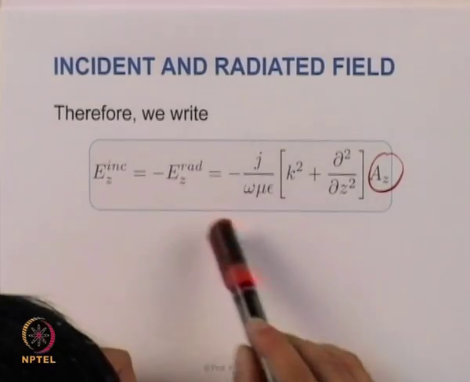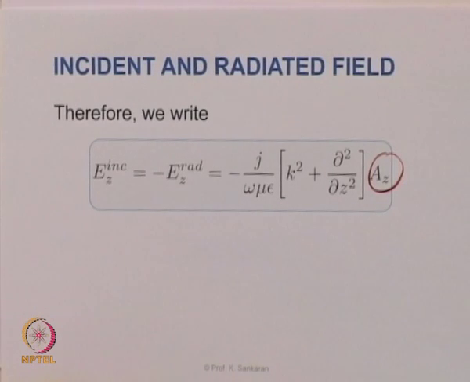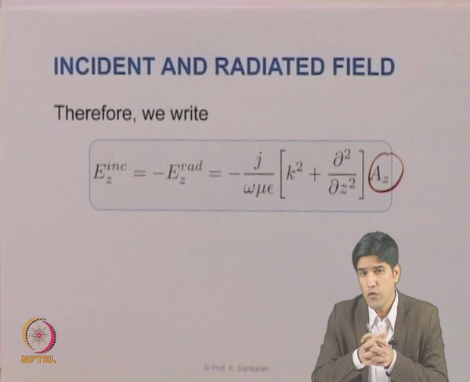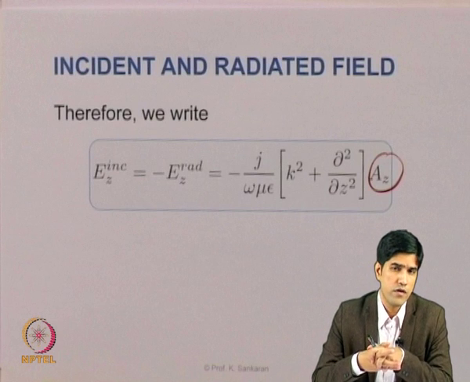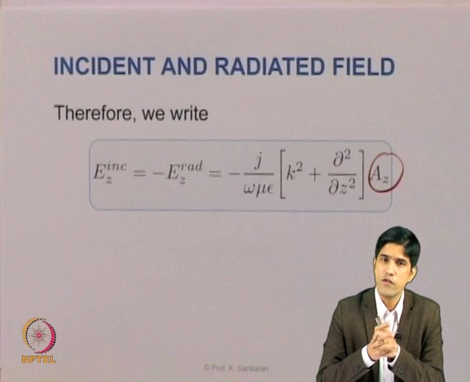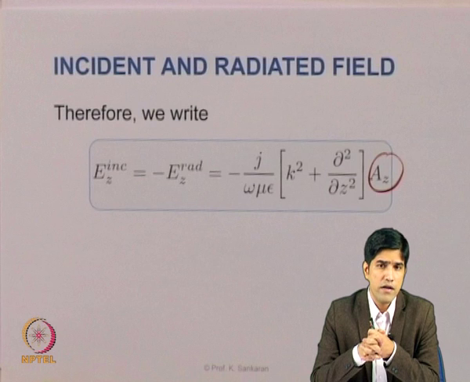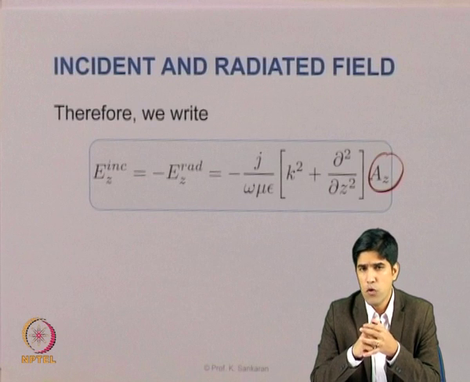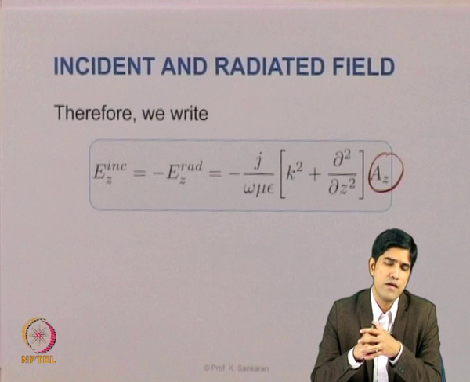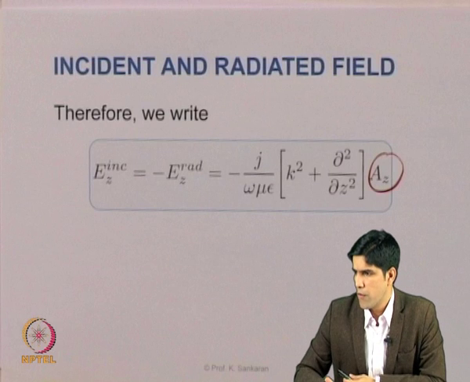We have an expression for this one, and this has to be integrated along the z axis, and for doing that there are two ways to go ahead, due to two scientists who have proposed two different approaches. One is due to Hallen, the other one is due to Pocklington, which is called the Pocklington formulation. Both of them have their own merits and demerits. We will look into it briefly in the next module.